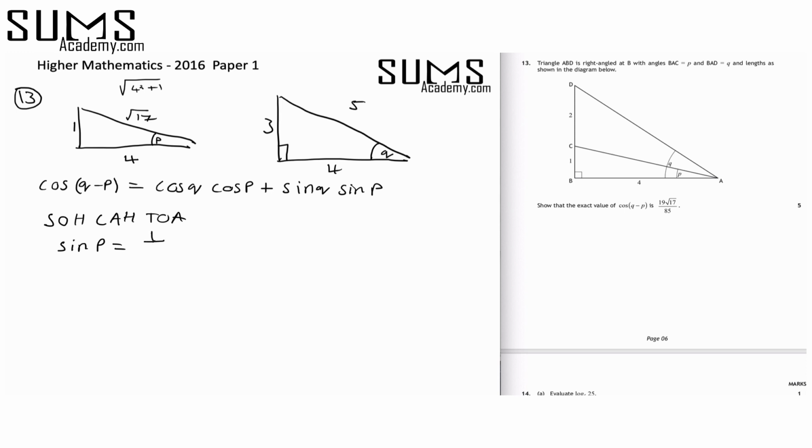That's 1 over root 17. And then cos of P is going to be 4 over root 17. And then over here we have sine Q, which is going to be 3 over 5. And then we have cos Q, which is going to be 4 over 5.